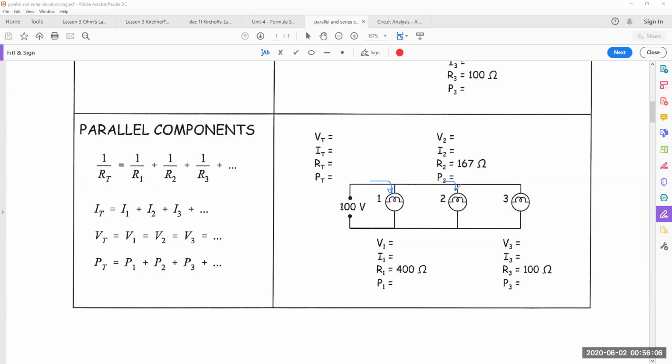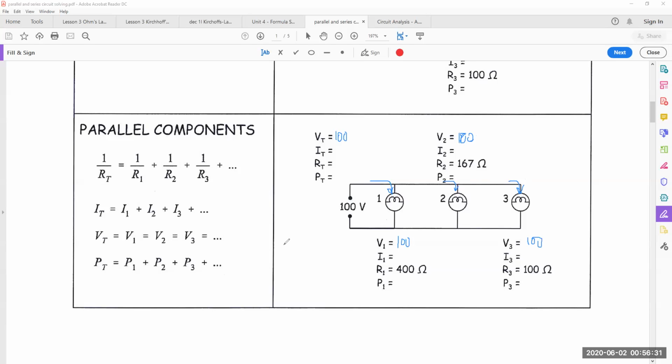Some will go here, the drop will be 100. Some will go here, and the drop will be 100. So all of these light bulbs will have the same voltage. So if this is 100, this will be 100, and this will be 100, and this will be 100.